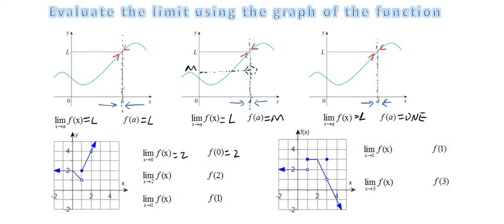The second one, x approaches 2. We draw the arrows from both sides, and we can see the y value approaches this point, and this point has y value 4.